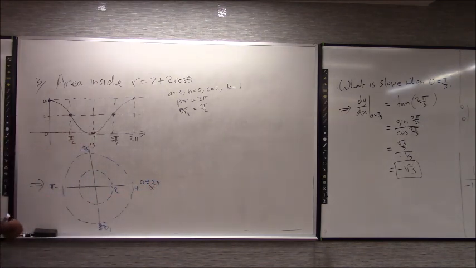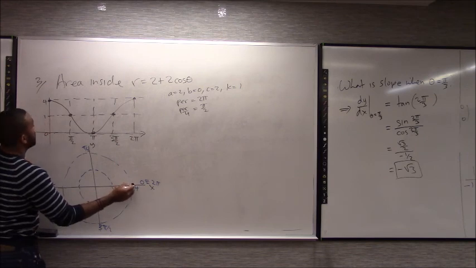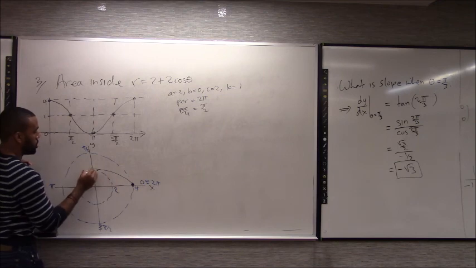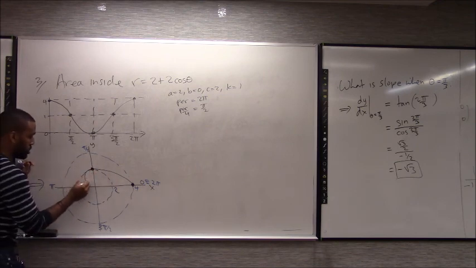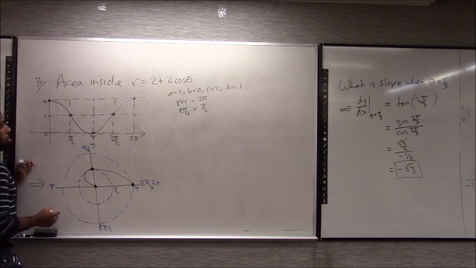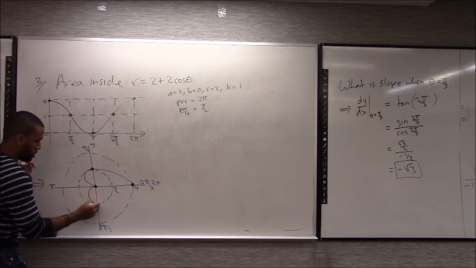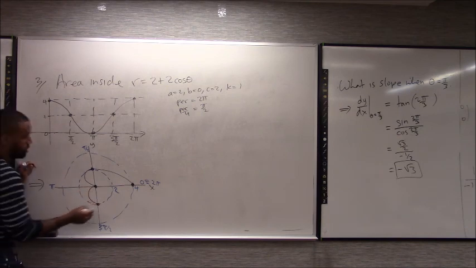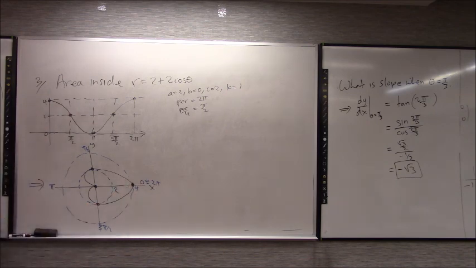Okay, so I would start at the angle 0 on the circle of radius 4. At pi over 2, I will go to the circle of radius 2. At pi, I go to the origin. At 3 pi over 2, I jump back to the circle of radius 2. And then at 2 pi, I would end here. So it looks like a heart, and I want to find the area inside that heart.